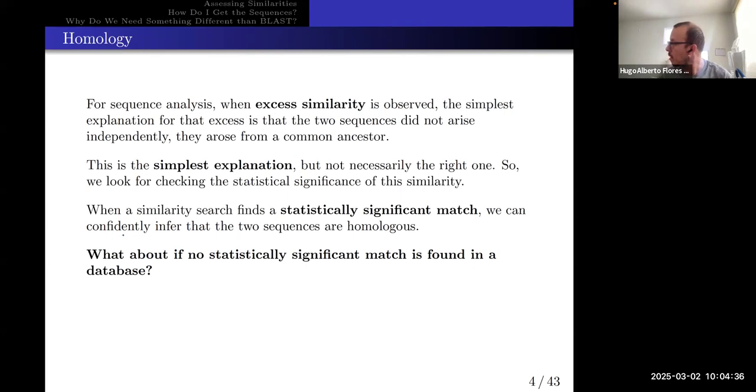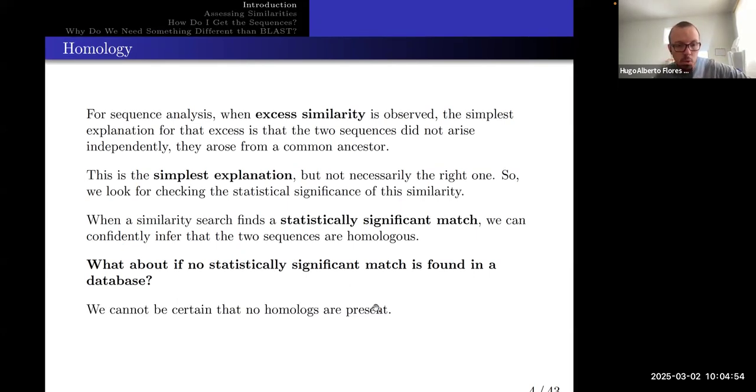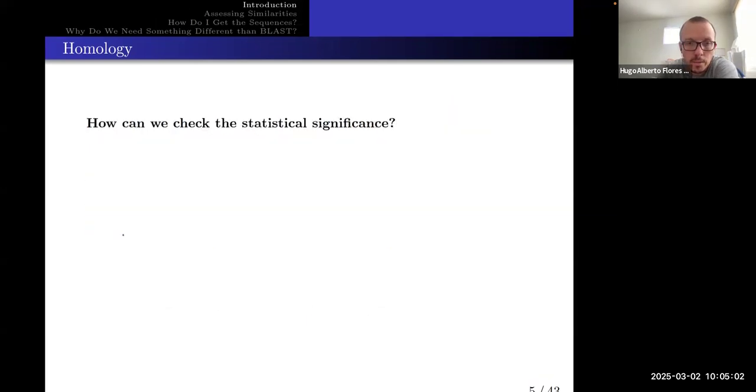That doesn't mean that it doesn't exist outside, only that it is not in the database yet. So when you don't get a statistically significant match, unfortunately we cannot be certain that no homologs are present. This is one of the things that we would like to highlight.